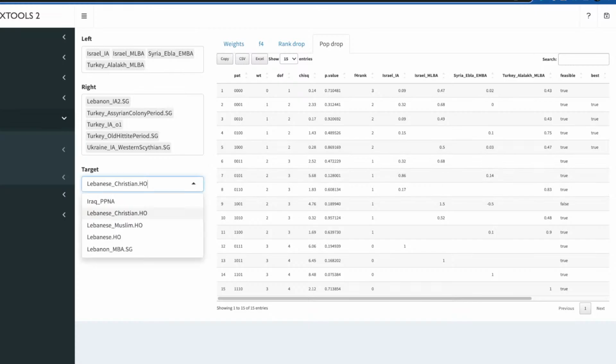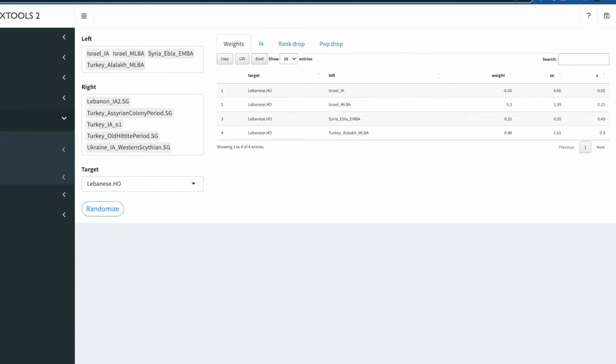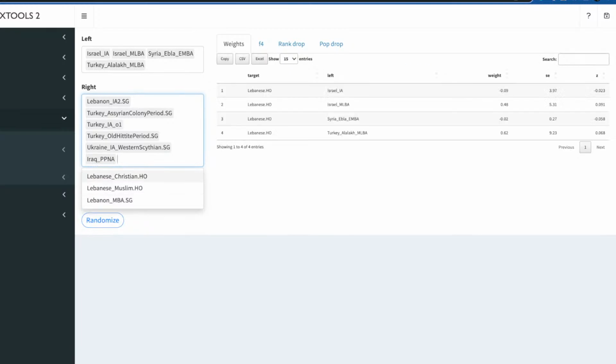All right, moving on to the Lebanese. So this one I had to mess with a little bit. Now this sample right here, this Iraq pre-pottery Neolithic A, is actually a Nimrik Late Bronze Age sample.